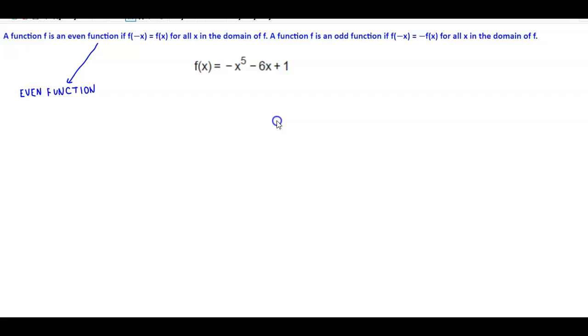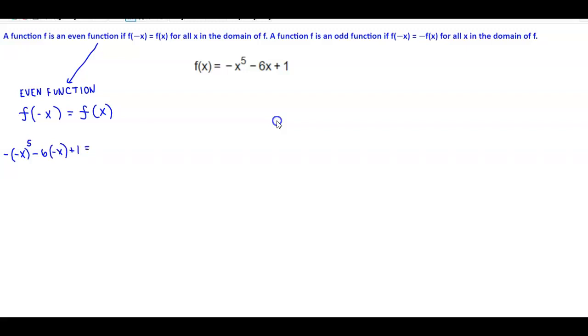So what that means is that f of negative x should equal f of x. Okay, so f of negative x means that we're going to plug in the negative value for x, so it's going to be negative x to the fifth minus 6 times negative x plus 1.